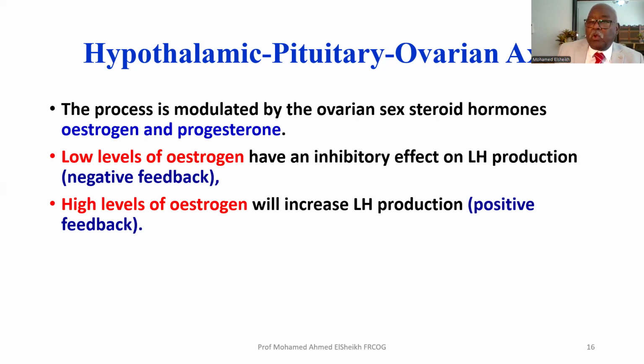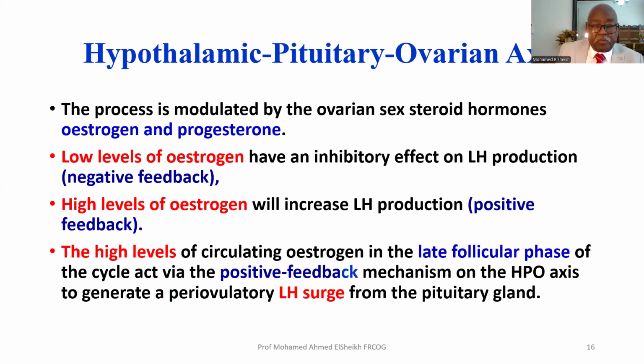Thus, LH will not be produced. As FSH continues acting in the follicular phase, more estrogen will be produced. And then a high level of estrogen will increase the LH production, the positive feedback. So estrogen has negative feedback and positive feedback.